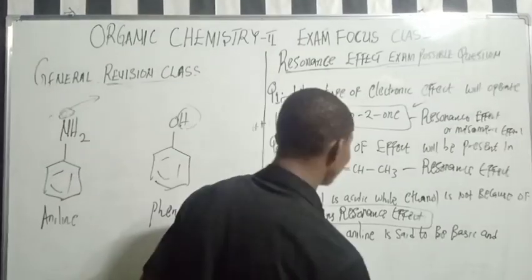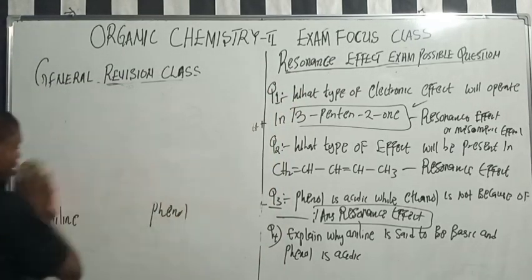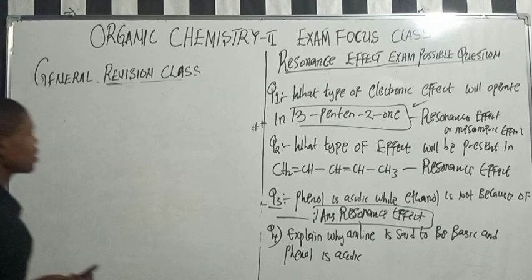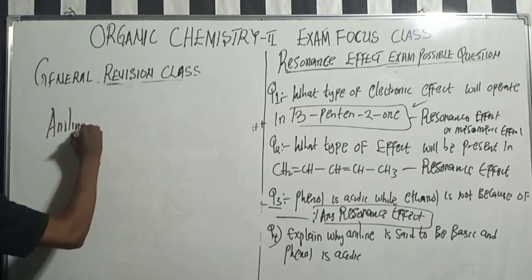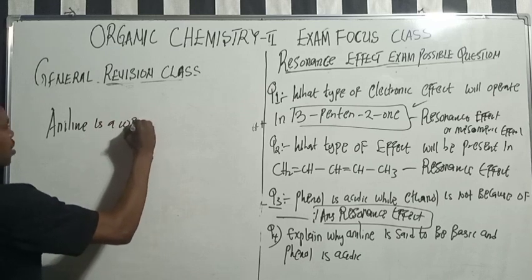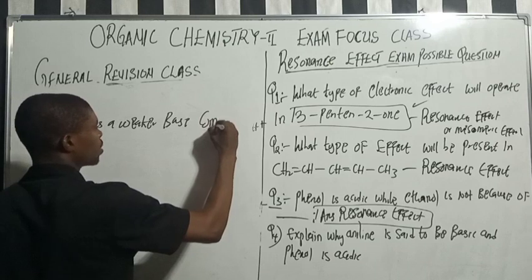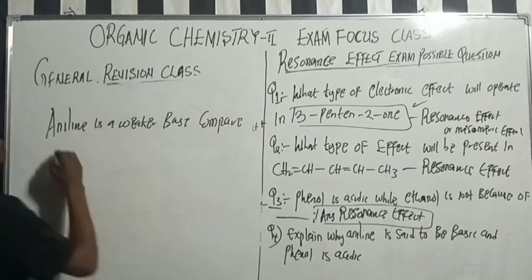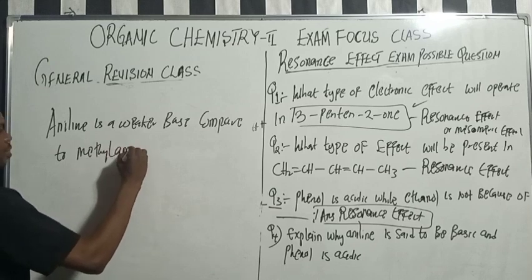Now, but before we end resonance structure, there is one that normally occurs all the time. They will ask you that aniline is a weaker base compared to methylamine.